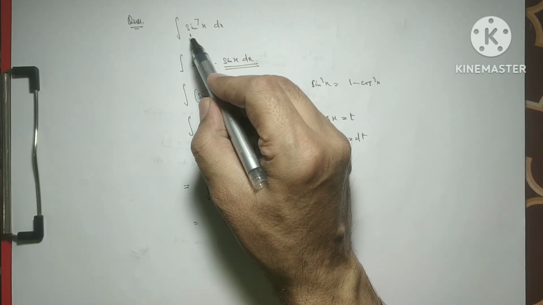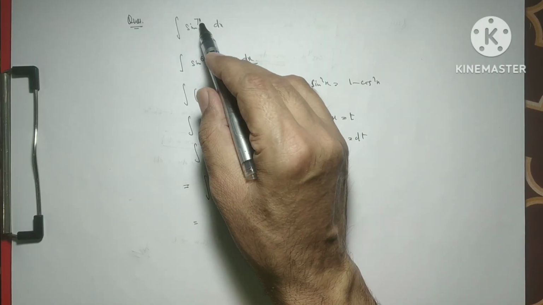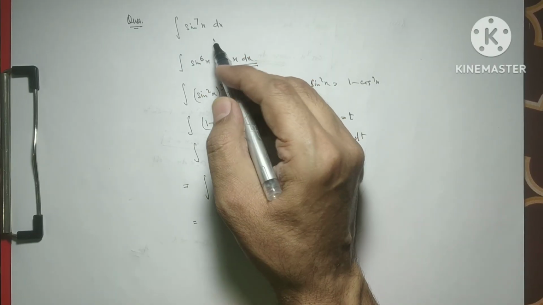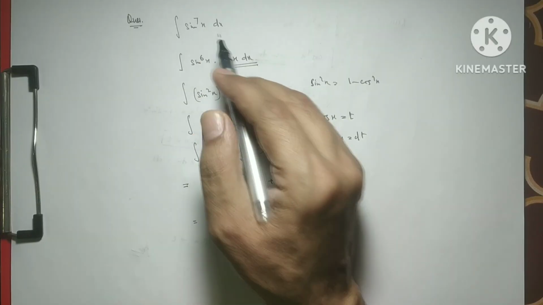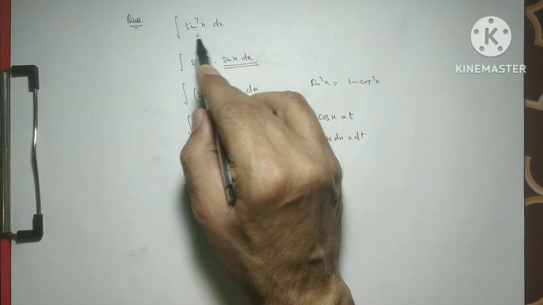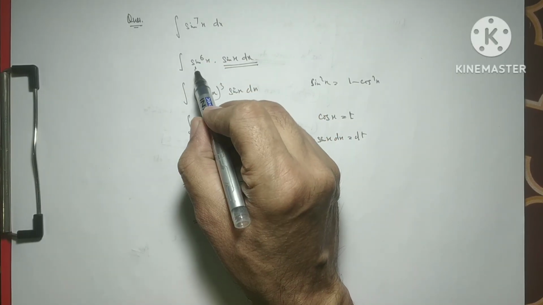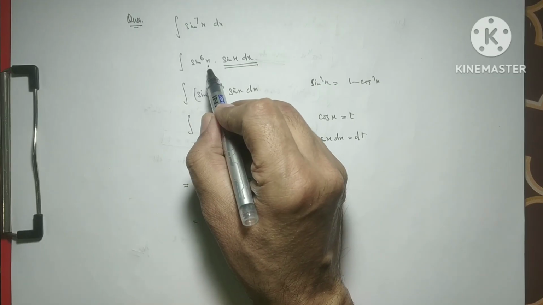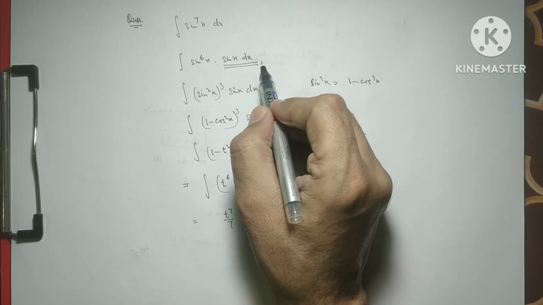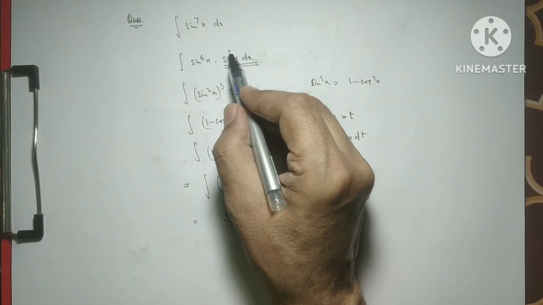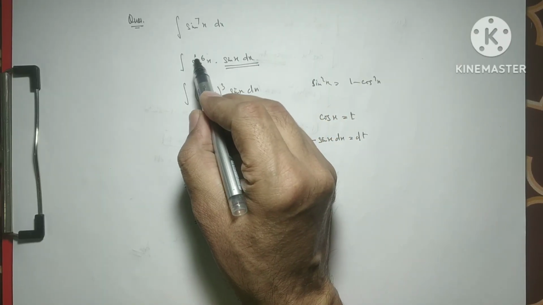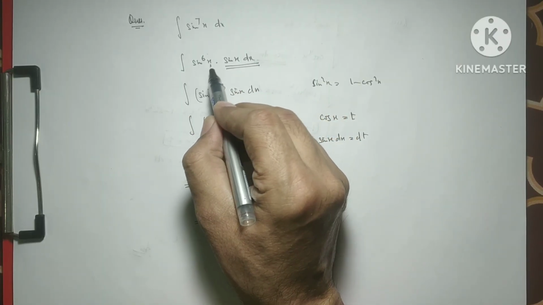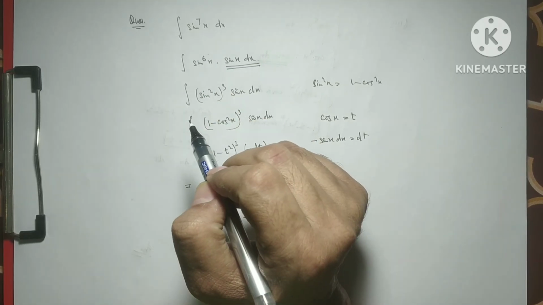Now next question is sin x to the power 7 dx. So when we integrate this, we will extract a sin x from this. So right now we break this into sin x to the power 6 and sin x dx. And if we extract sin, then the entire remaining expression should be in terms of cos.